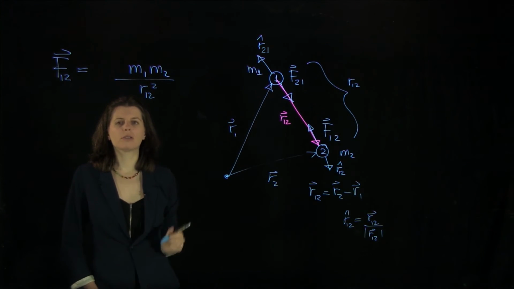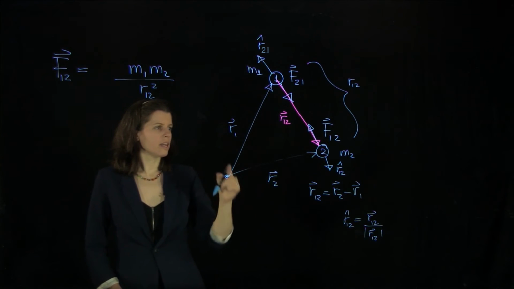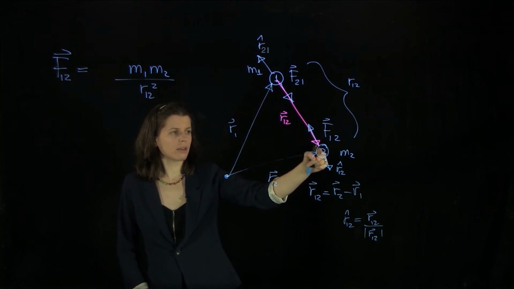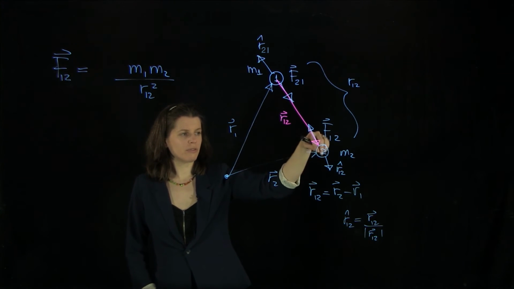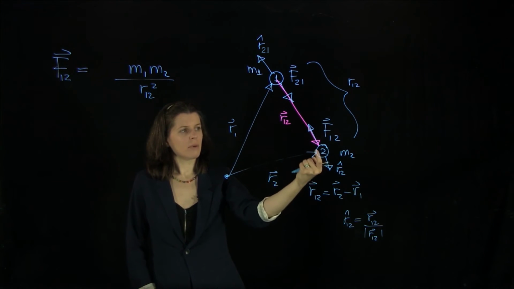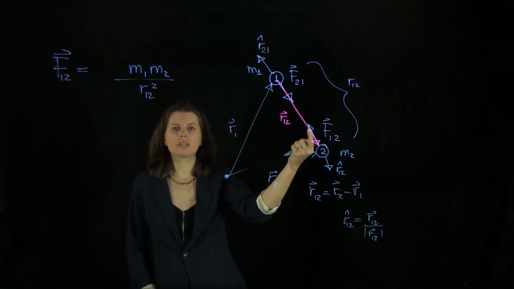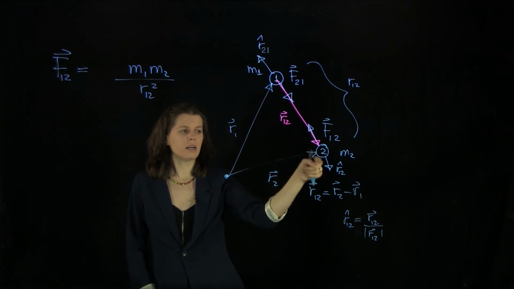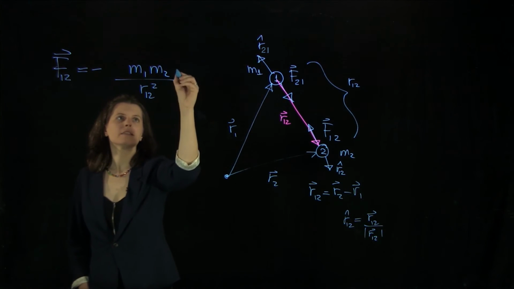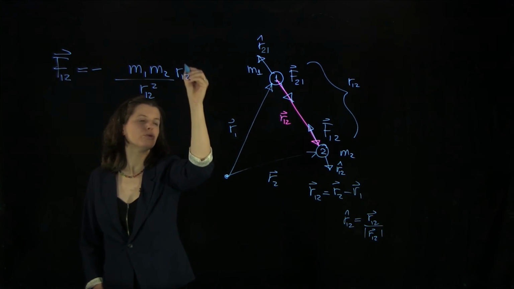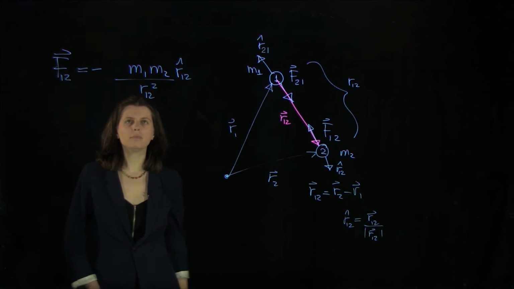But what about the direction? We're looking at object 2. We placed our r-hat unit vector to point down, but the force is going in the opposite direction, so in the negative r12 hat direction. So we have to add a minus here and then r12 hat.